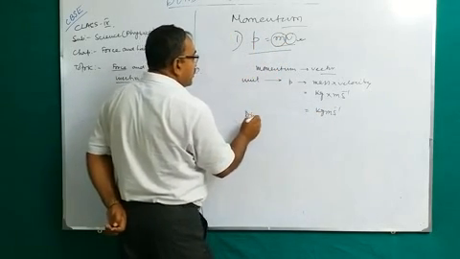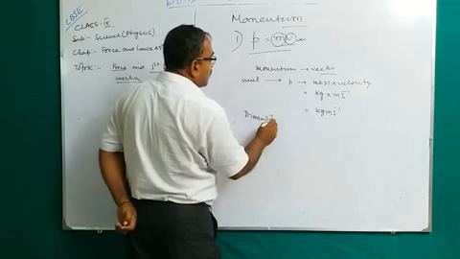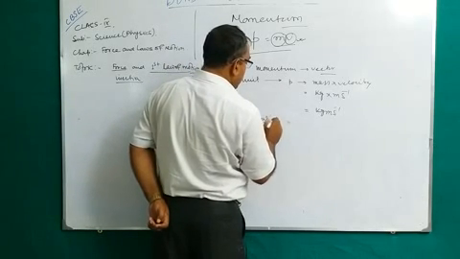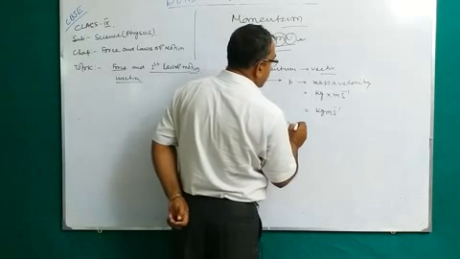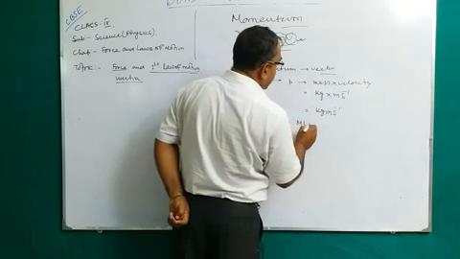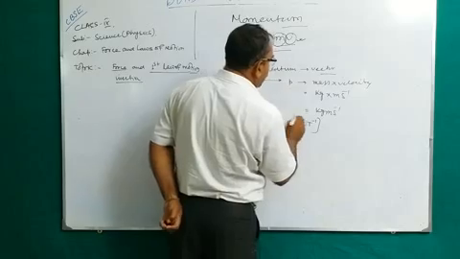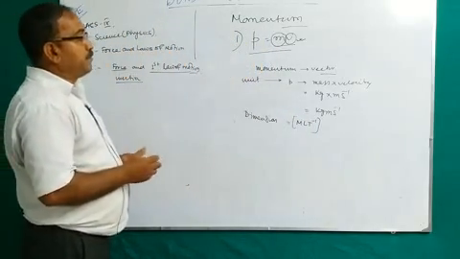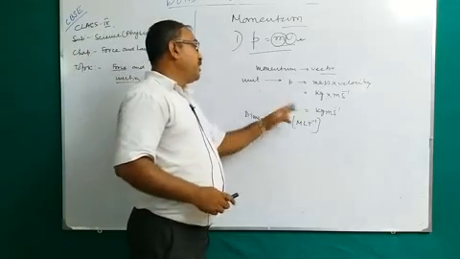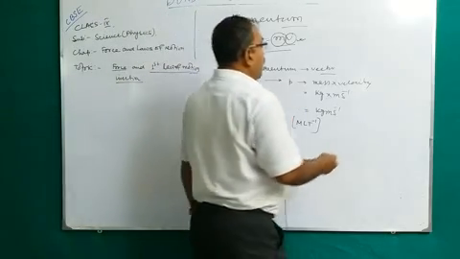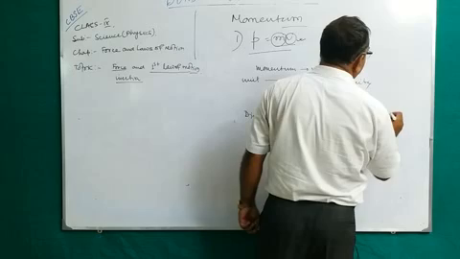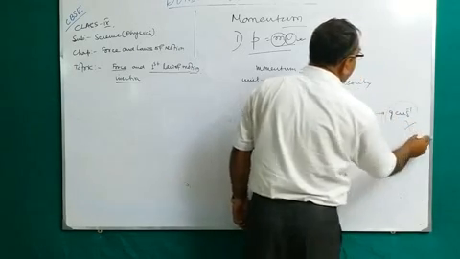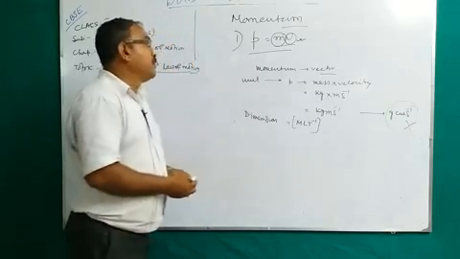And dimension is MLT to the power minus 1. This is not in your syllabus, but you remember it. So unit is kg meter per second, or in the CGS system gram centimeter second to the power minus 1. This is not in your syllabus, you do not need to remember it.